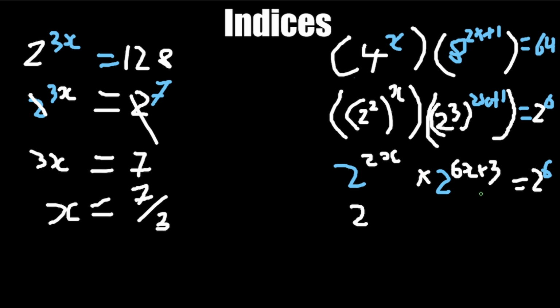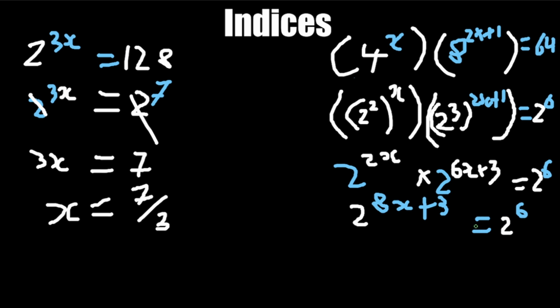We can just add the like terms and say 8x plus 3 is equal to 2 to the 6th.